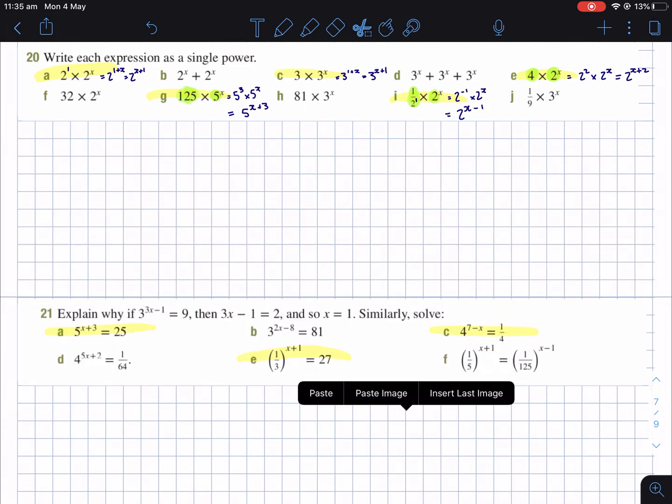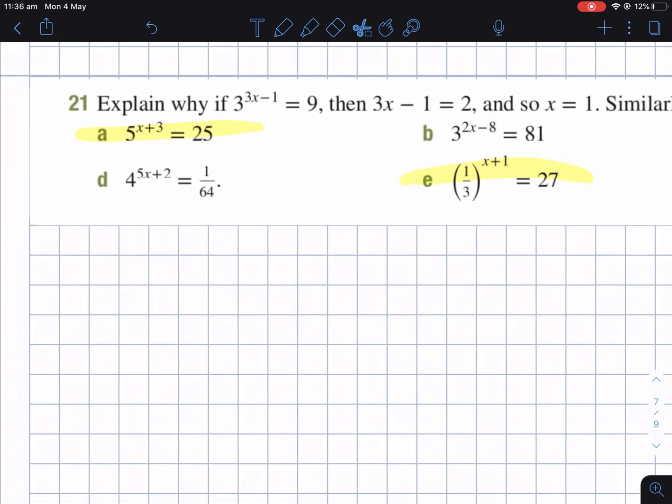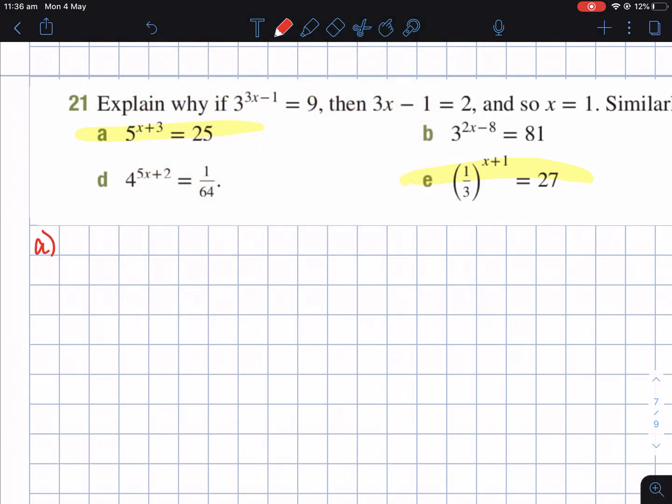Okay. Question 21. We're equating indices. So here, we've got 5 to the x plus 3 equals 25. I need these to both be the same base. And I know that 25 is 5 squared. So I'm going to rewrite this as 5 to the x plus 3 equals 5 squared.